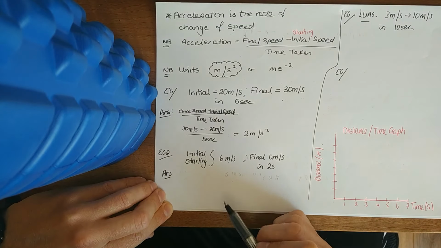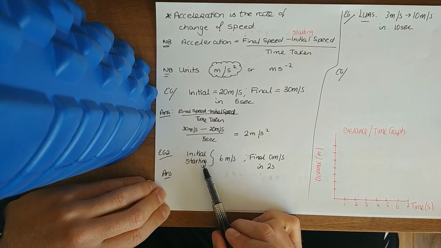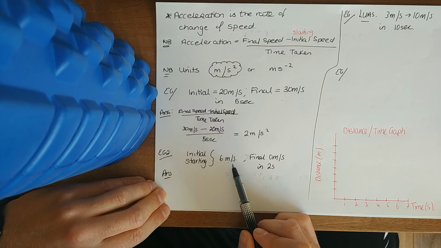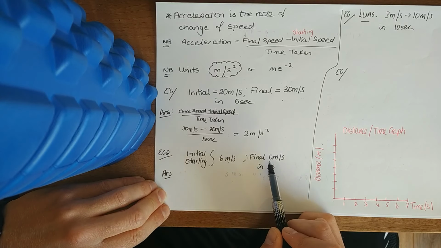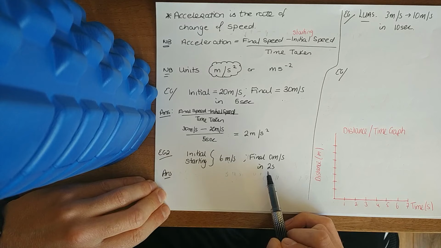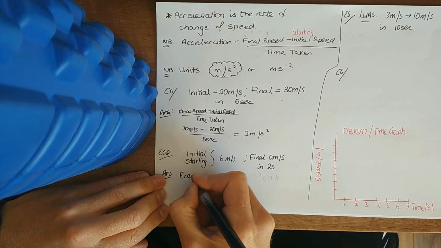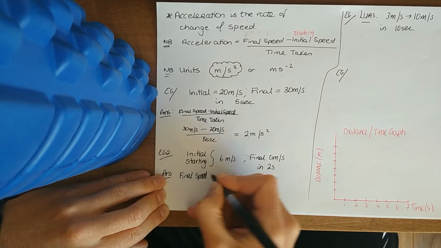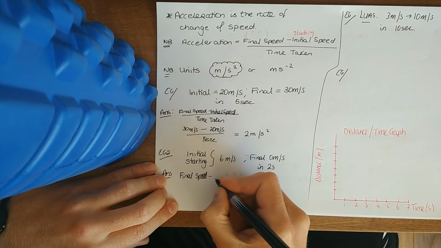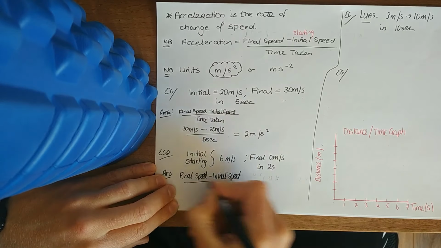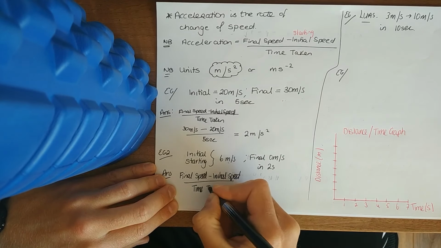Another one here. Your initial speed. So say a cyclist went from 6 meters per second. He pulled the brakes and stopped suddenly. He came to a complete stop, and that happened in 2 seconds. So they've asked for the acceleration or deceleration. Final minus initial over time.